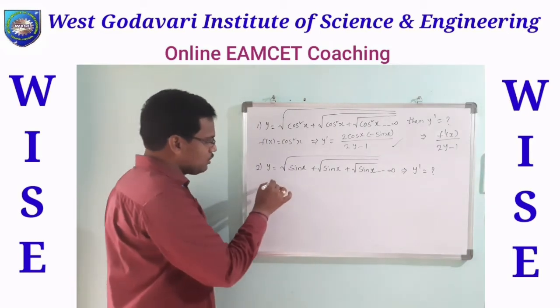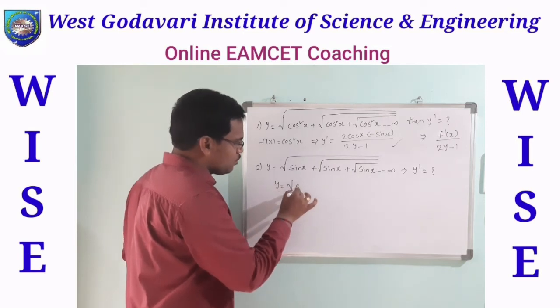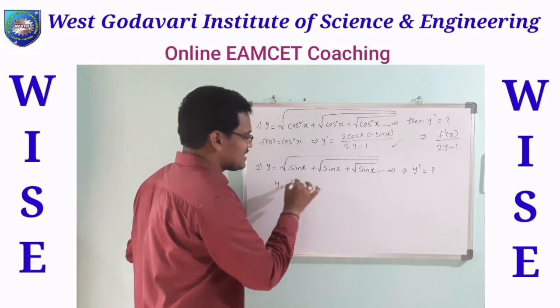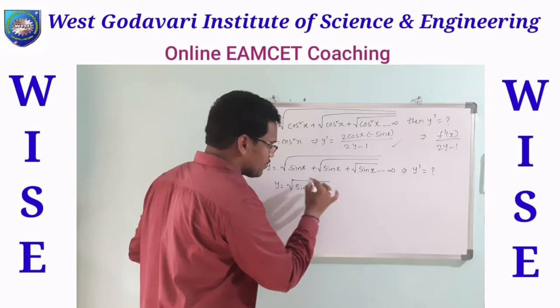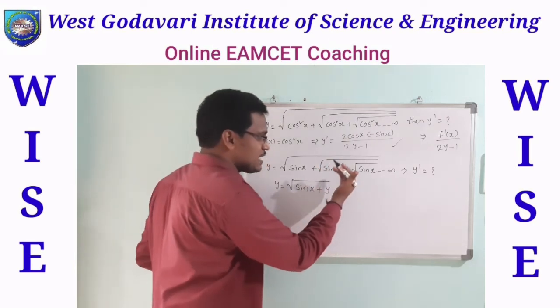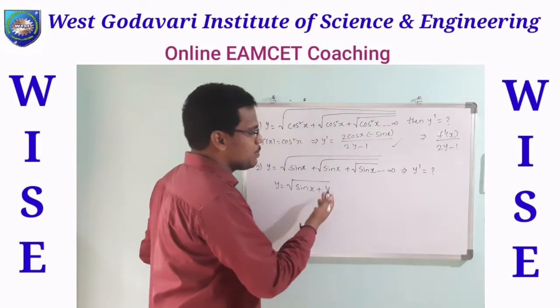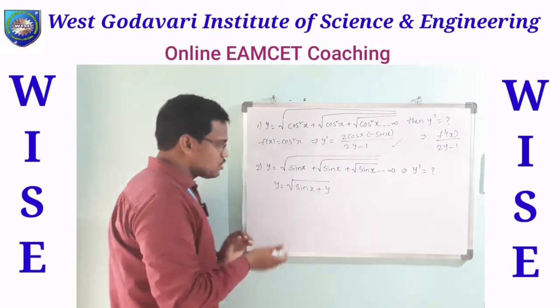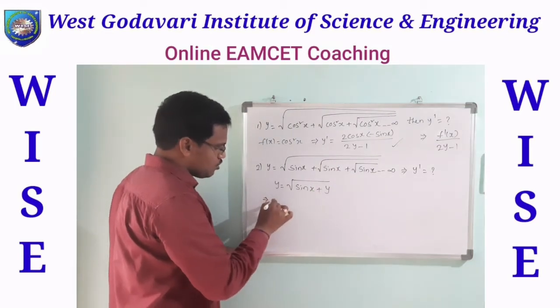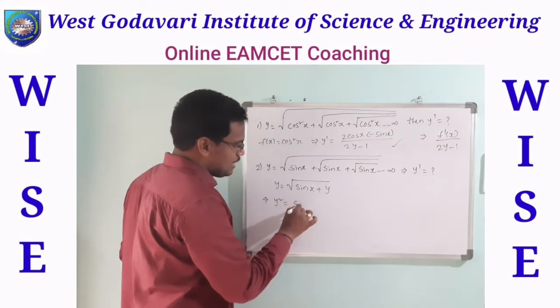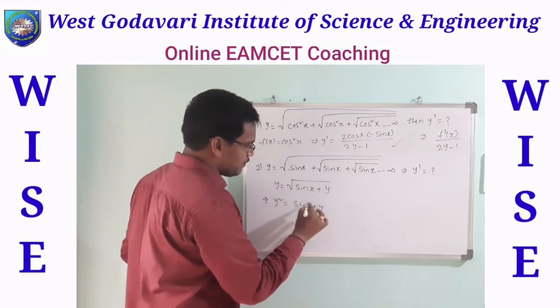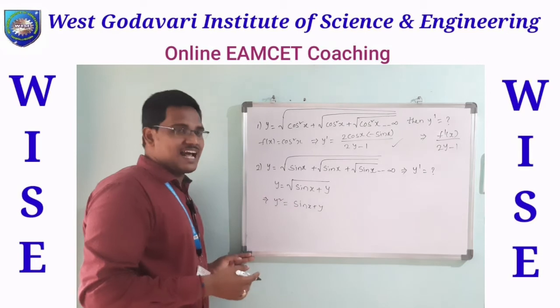So here we have to take y is equal to square root of sin x plus y. So root sin x plus root sin x and so on to infinity, and the entire term is taken as y. So squaring on both sides, y square is equal to sin x plus y, because square and root cancel each other.